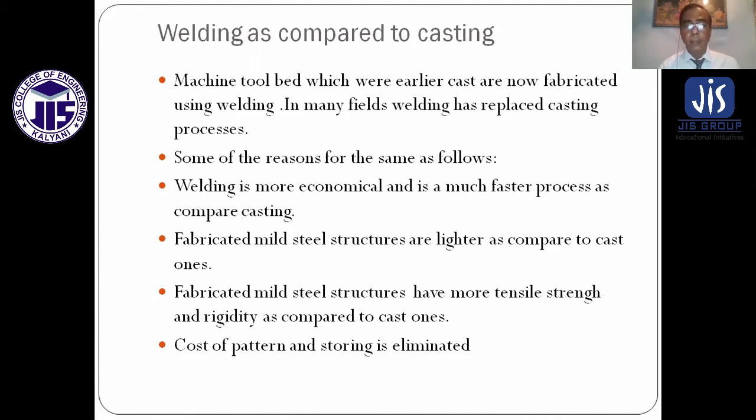Fabricated mild steel structures are lighter as compared to cast ones. Fabricated mild steel structures have more tensile strength and rigidity as compared to cast ones. Cost of pattern making and storing is eliminated. For casting, a pattern is required and that is eliminated.